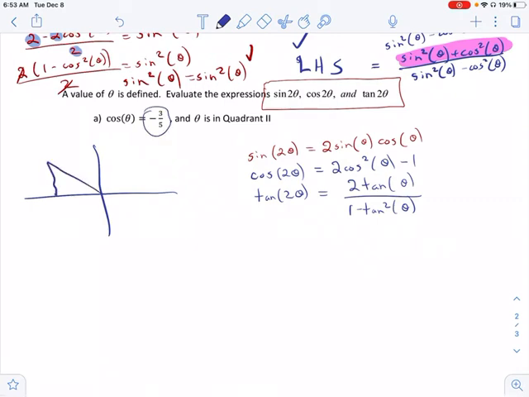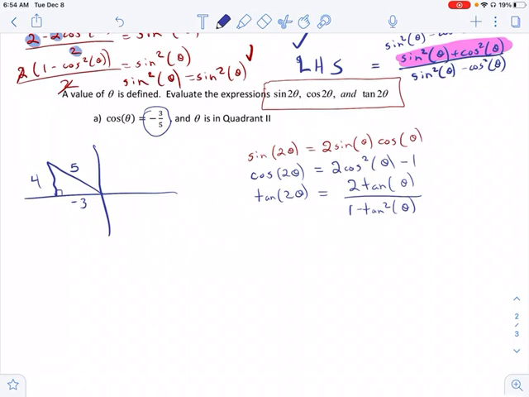Given this information, I know that the adjacent side is negative 3, and I know that the hypotenuse is 5. We like the shape of this particular triangle because it's a 3, 4, 5 triangle. So I can put in that the opposite side is a 4, and it's positive because my y-coordinate is positive.